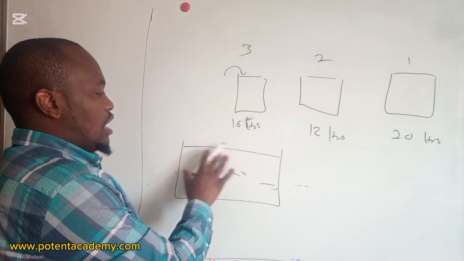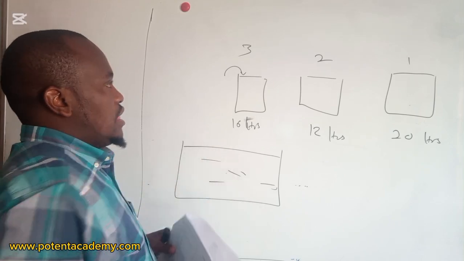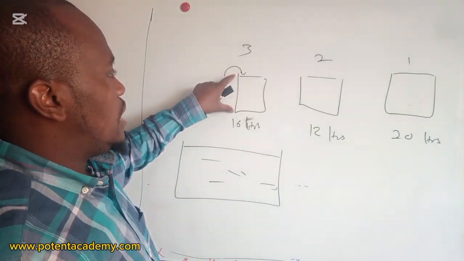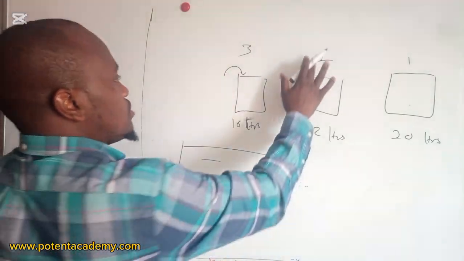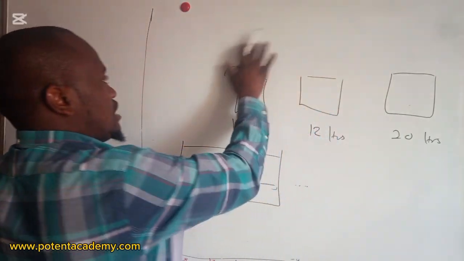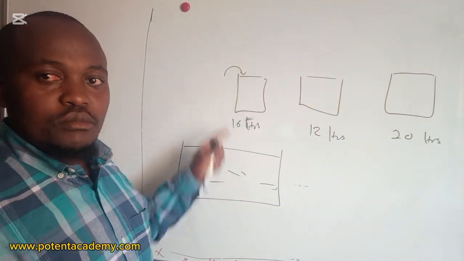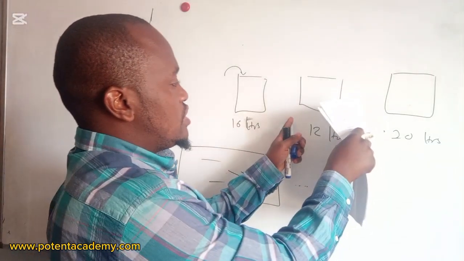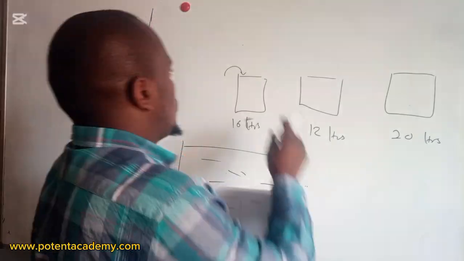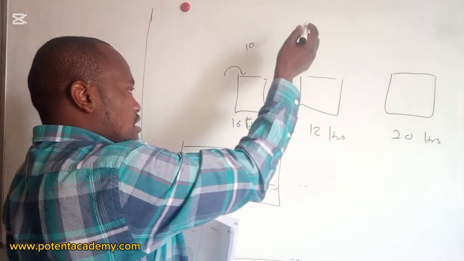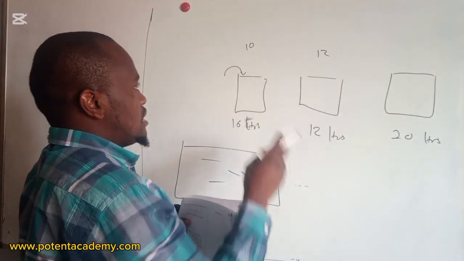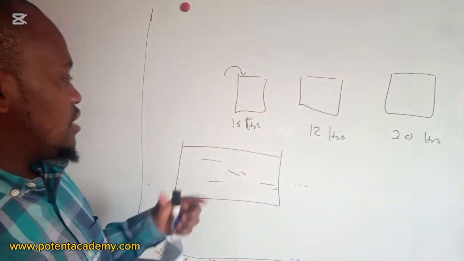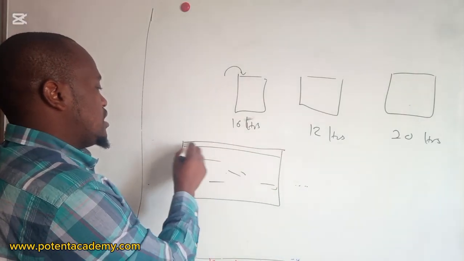The concept is that you are going to have a large container that this amount of water can be used to fill this bucket an exact number of times, without remaining with any amount of water here. It can also be used to fill this an exact number of times. So exact number of times can be 10 times, this one can be 12 times. We are not indicating, we are just saying it is an exact number of times. The amount of water does not remain.